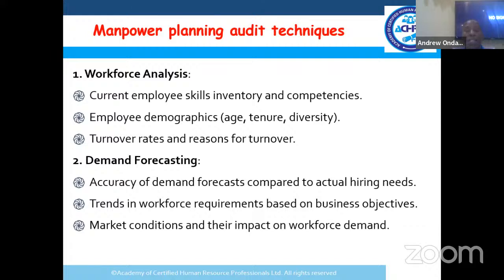We are in a technological space, and a lot is happening around this space. So in forecasting demand, you'll be looking at the technologies that are coming into the market, which are likely to cause two things. One, to disrupt the way we do our business, and two, requiring employees to acquire new skills and knowledge.